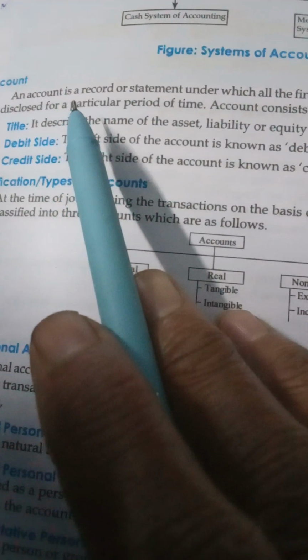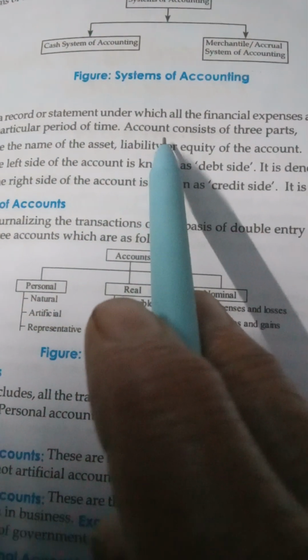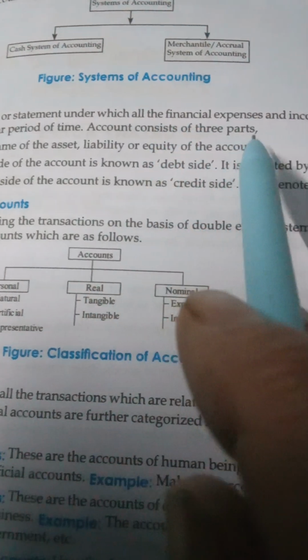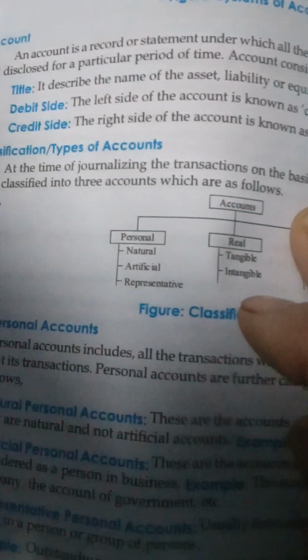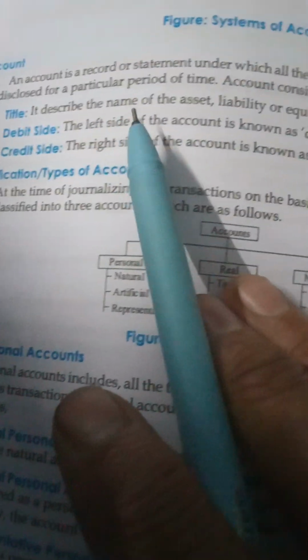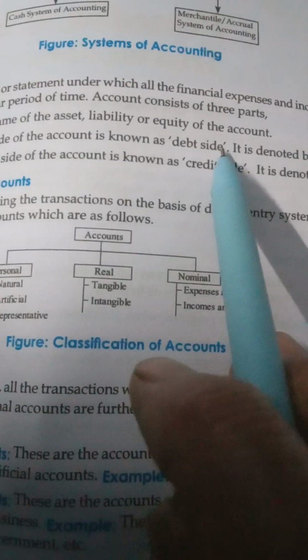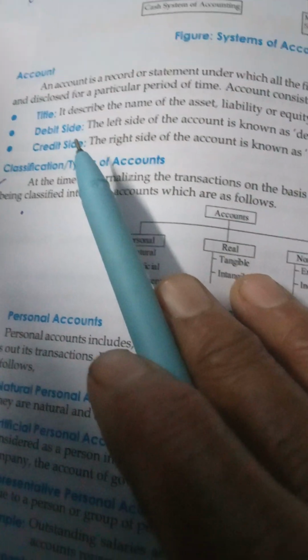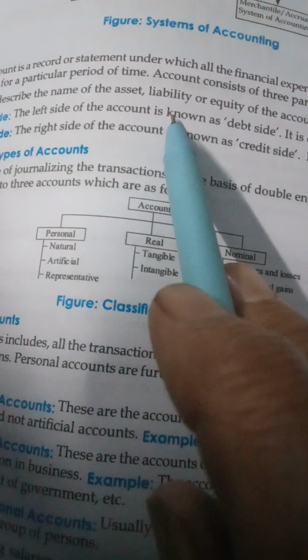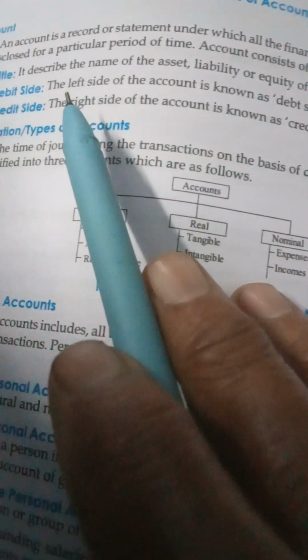Next one, account. An account is a record or statement under which all the financial expenses and income are recorded and disclosed for a particular period of time. An account consists of three parts. Title: it describes the nature of the asset, liability or equity of the account.